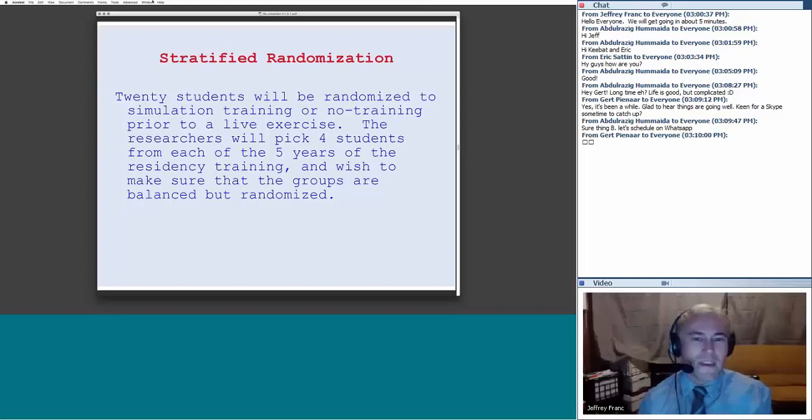Okay? So I hope that makes sense to everyone. What we're looking for here is the covariate of number of years of residency training, because we're pretty certain that there's a good chance that your length of residency training will change your ability to perform on the live exercise. So we need a balanced but randomized group.